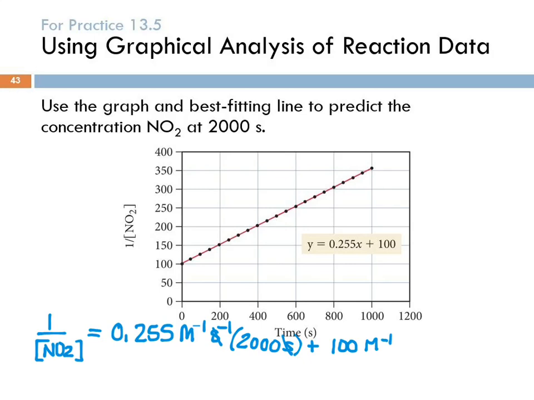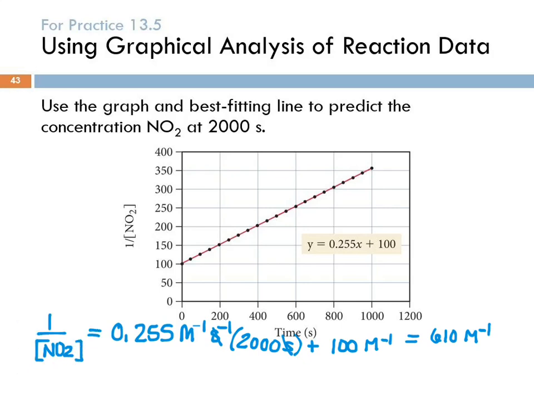0.255 times 2,000 plus 100 equals 610 per molar. Is that the answer? Nope. We have to invert it. It's 1 over the answer.